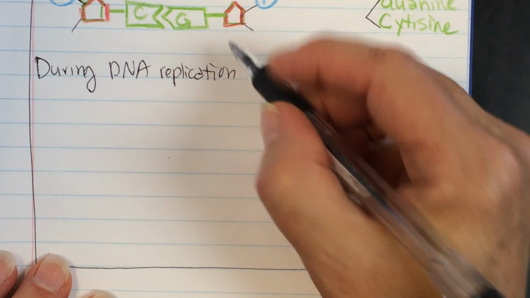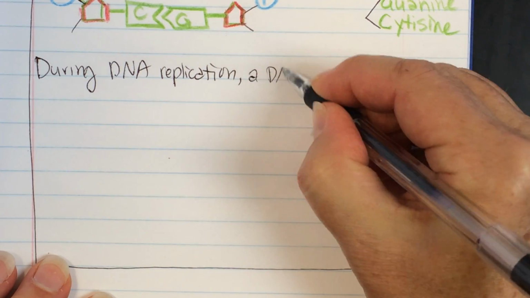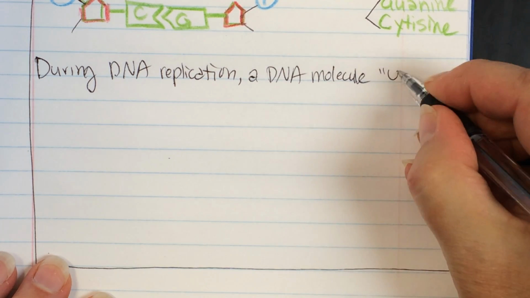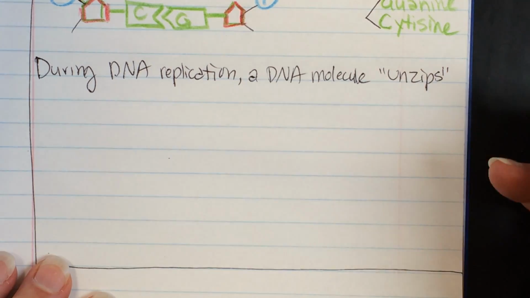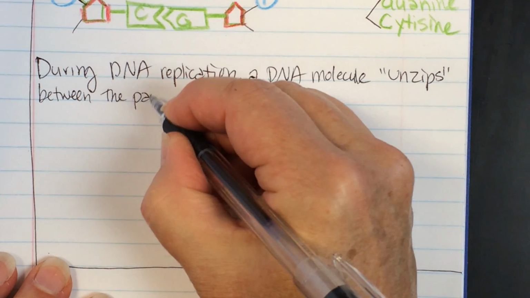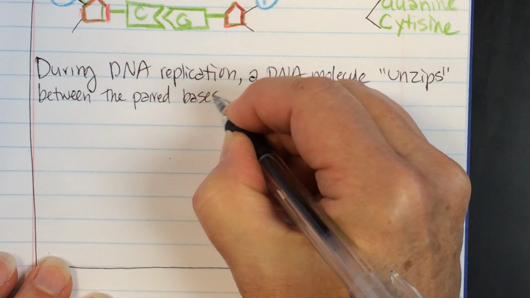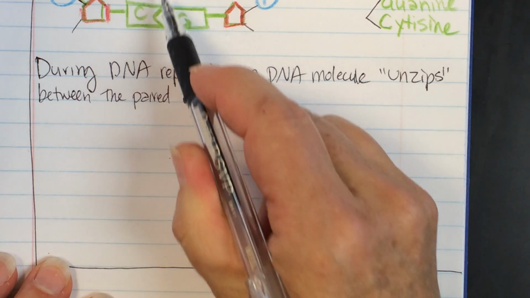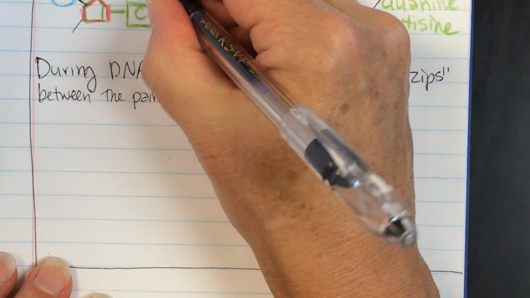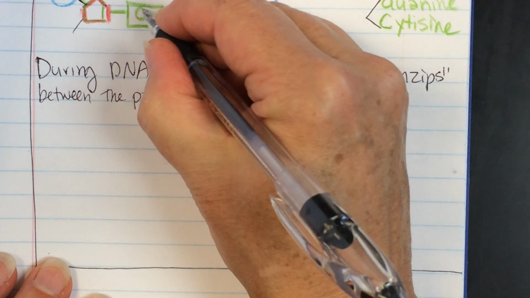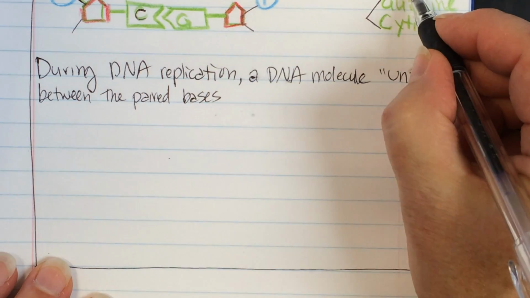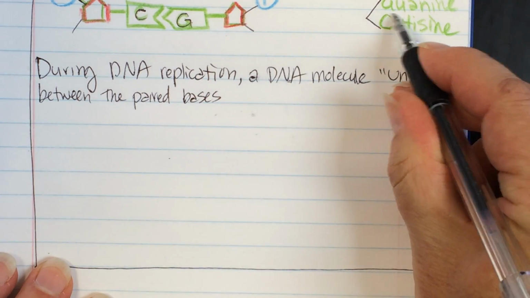So during DNA replication, a DNA molecule unzips. It unzips itself between the paired bases. Okay? So it's going to unzip in between the A's and the T's and in between the G's and the C's. And remember, the A stands for adenine, C stands for cytosine, T stands for thymine, and G stands for guanine.